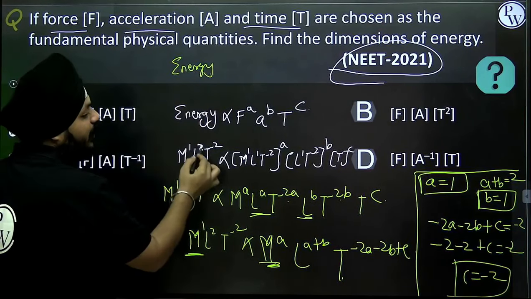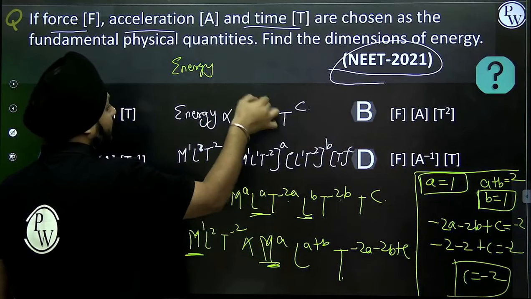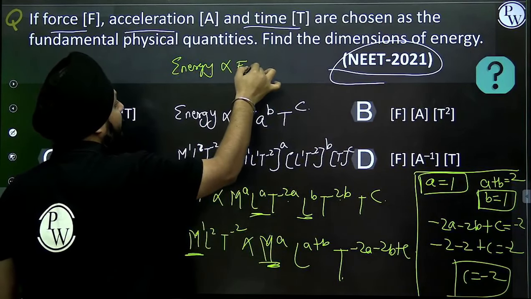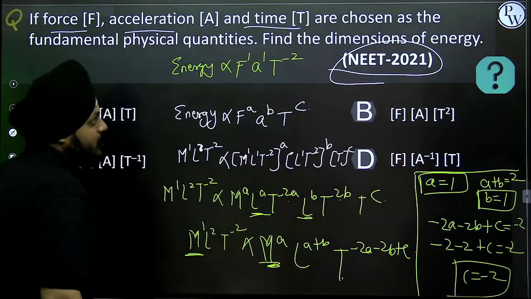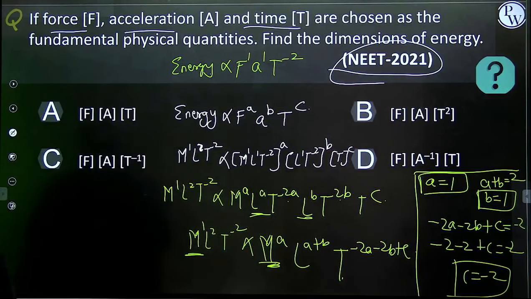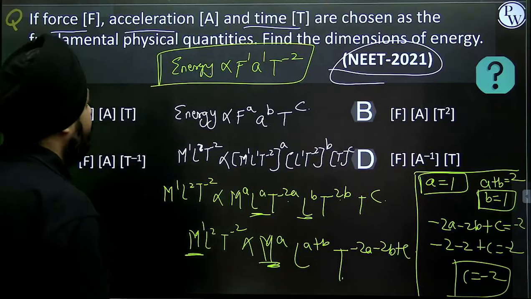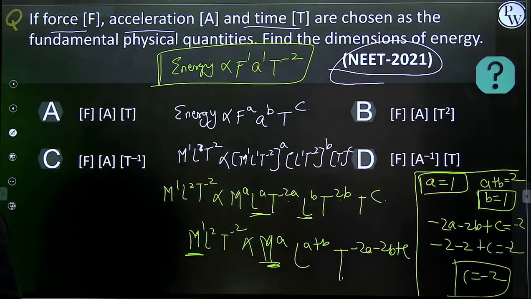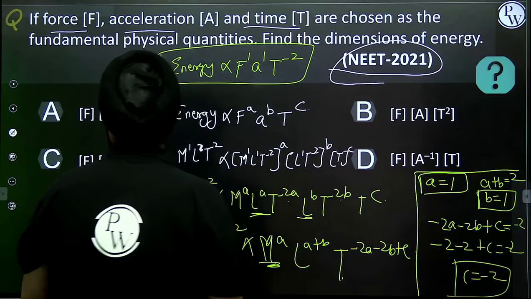Energy is directly proportional to F to the power 1, acceleration to the power 1, T to the power C. That's the energy and that's the perfect answer. It was asked in NEET 2021: F1 A1 T to the power minus 2. Okay, I need to rewrite this.